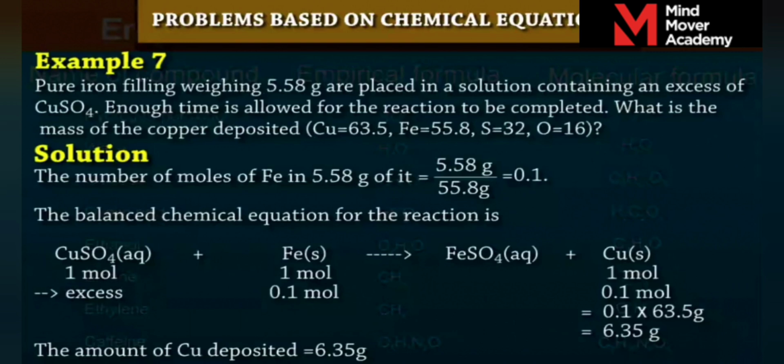So 1 mole of copper sulfate and 1 mole of iron gives 1 mole of copper. This implies, with excess of copper sulfate, 0.1 mole of iron will give 0.1 mole of copper solid, which will be equal to 0.1 into 63.5 grams, which is equal to 6.35 grams. The amount of copper deposited is equal to 6.35 grams. This is our answer.